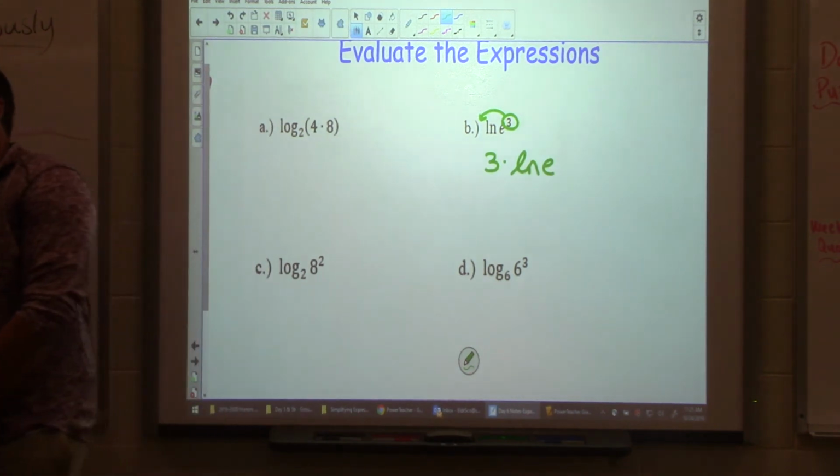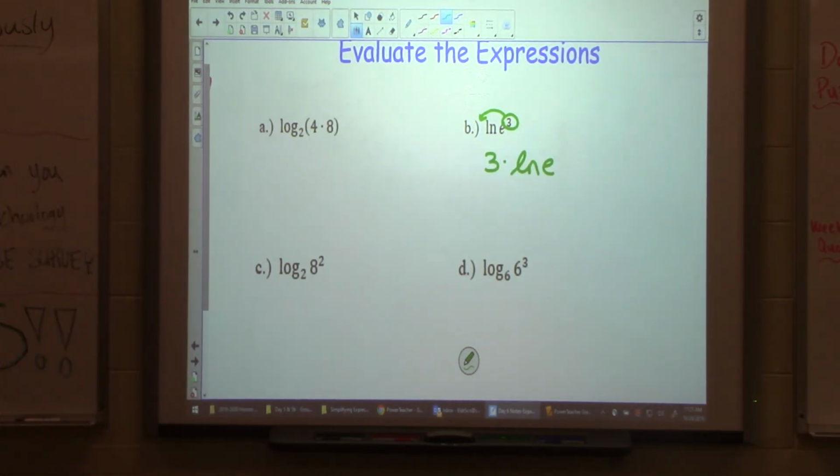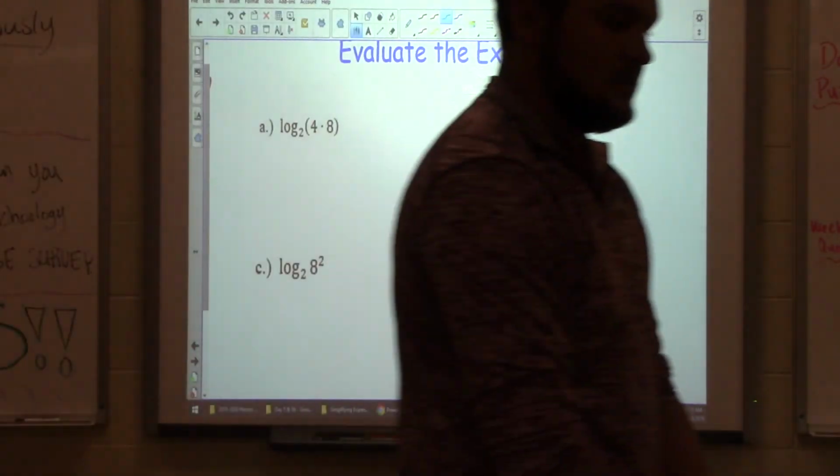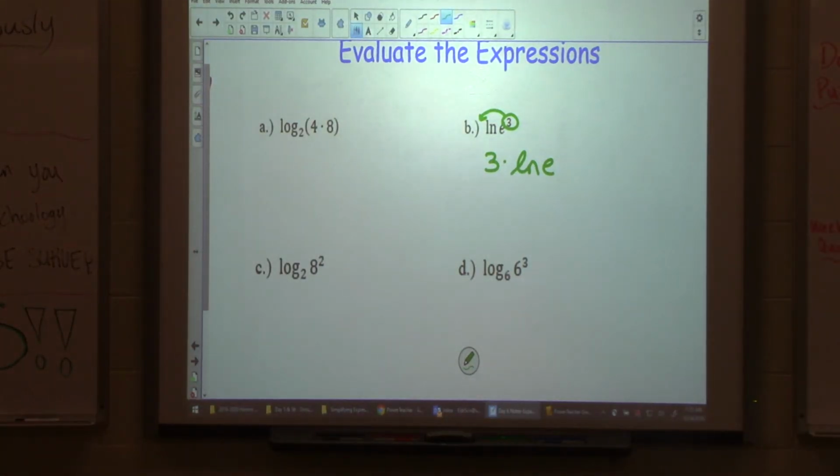Well, does anyone remember when we started natural logs, we started base e, we started talking about e? What the natural log of e will always equal? Go ahead and put it in your calculator once. Do natural log of e to the first power. 1?